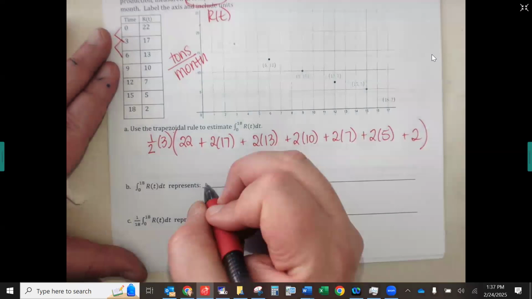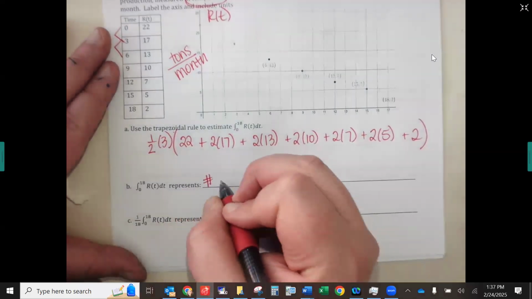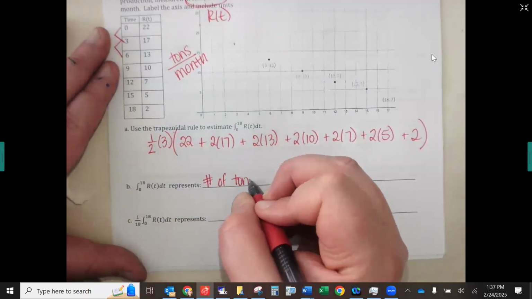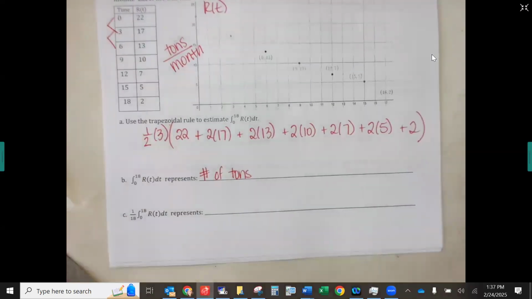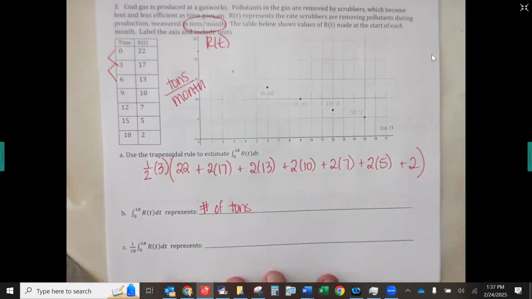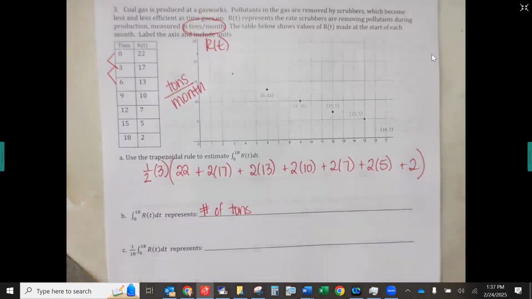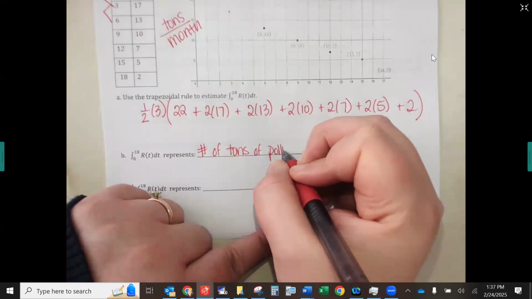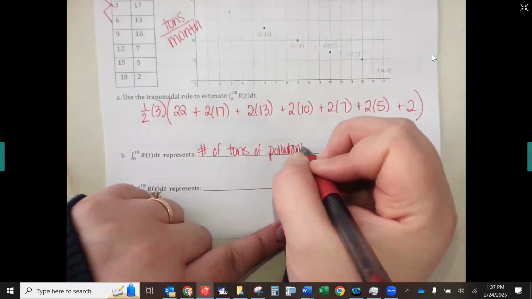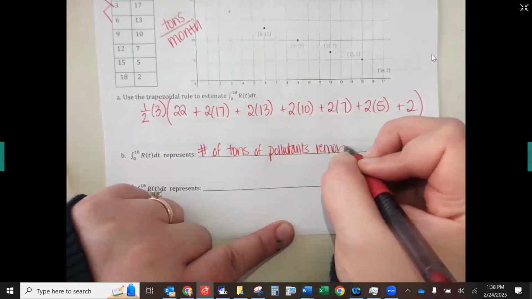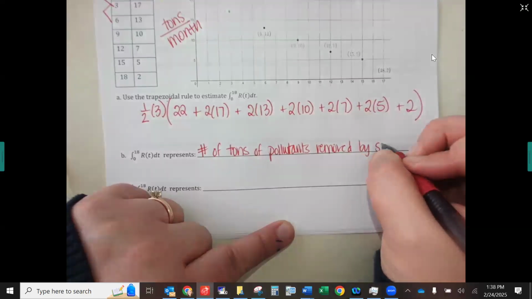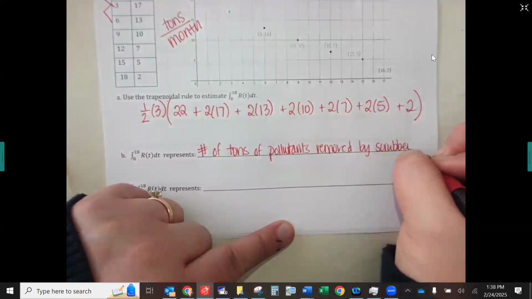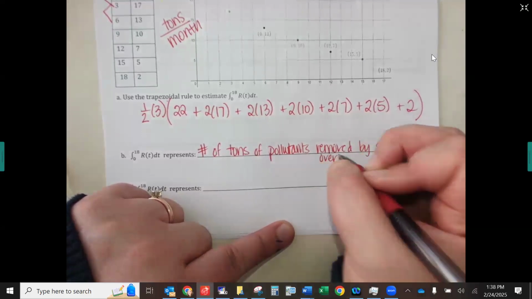Back to tons. So this integral represents the number of tons. Then we go back and put it in the story: number of tons of pollutants removed by the scrubbers, and then you put over whatever timeline it is.